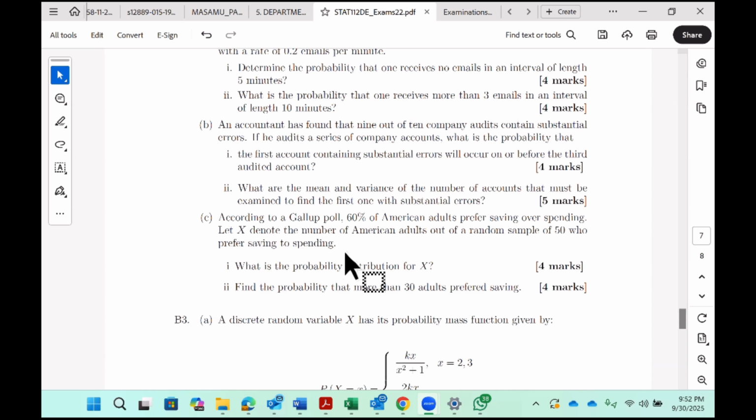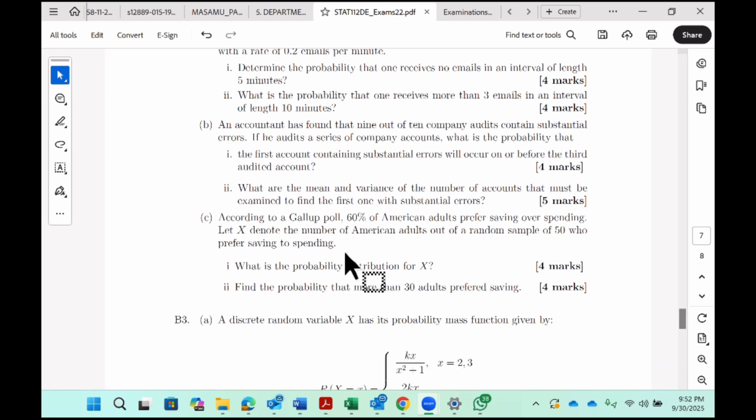Now, if he audits a series of company accounts, what is the probability that the first account containing substantial errors will occur on or before the third audited account? On or before.